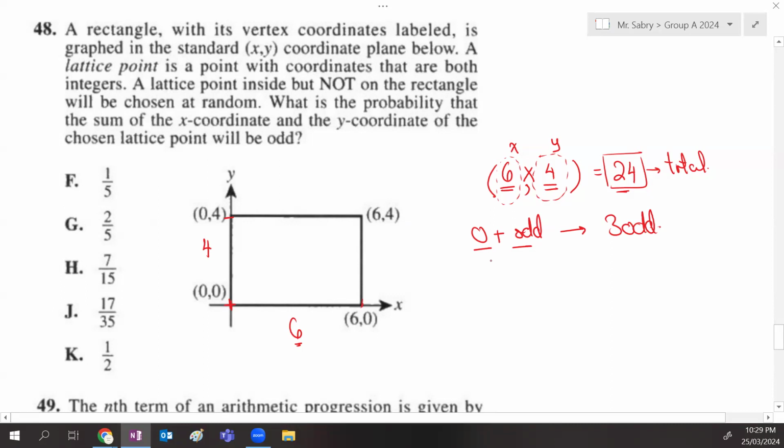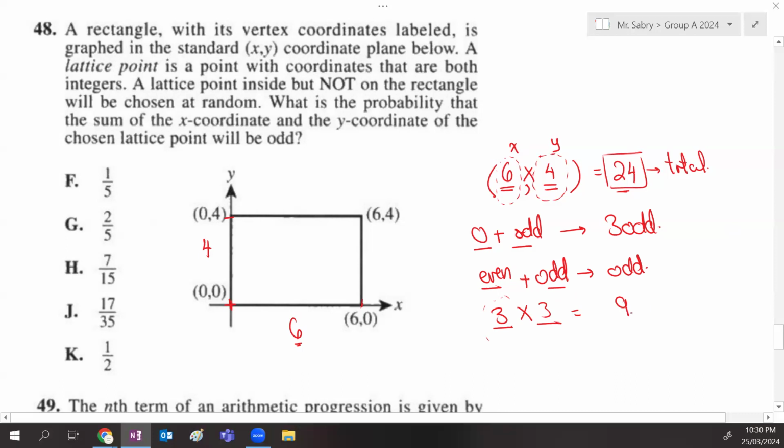If you're trying to figure them out, any even plus odd would get you an odd result. So you can figure out a number of possible cases. How many odd and how many even possibilities do I have? I have 3 odd, 3 even. So I'll multiply them. That's 9.